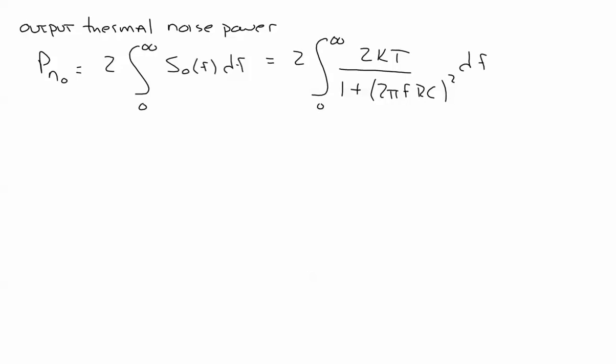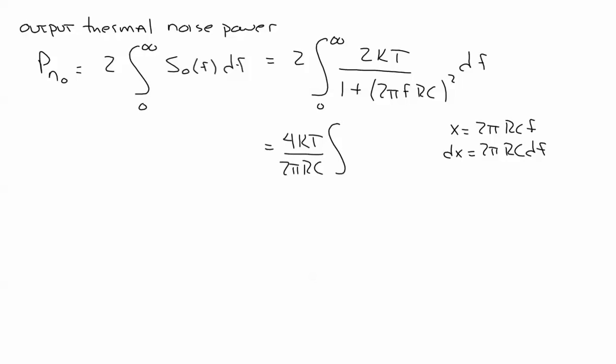Make a change of variables. I'm going to let x equal 2πRCf, dx equal 2πRC df. Plug that in, and I get 4kT over 2πRC, integral from 0 to infinity, 1 over 1 plus x squared dx.